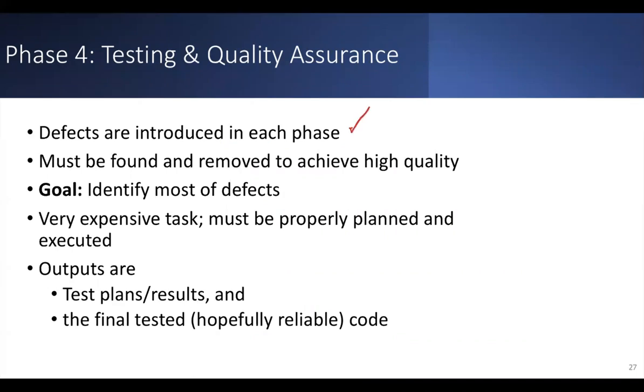Those defects must be found and removed to achieve high quality software. The goal of phase 4 is to identify most of those defects. We know that it's a very expensive task and must be planned very carefully and must be executed in a well-defined process.